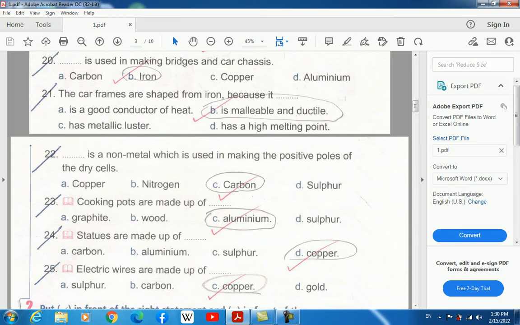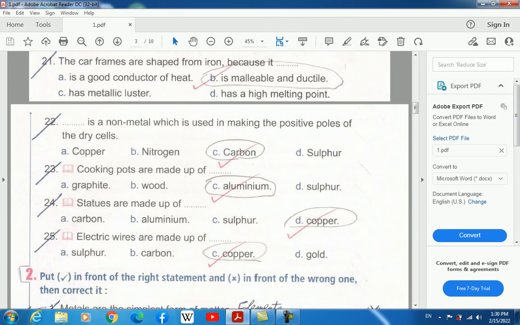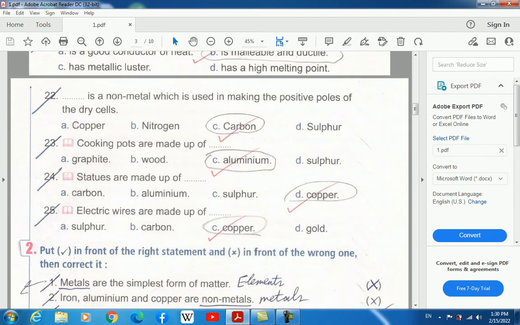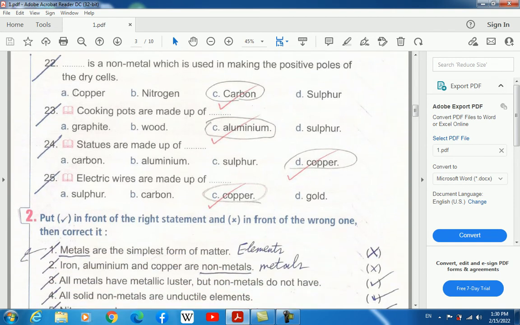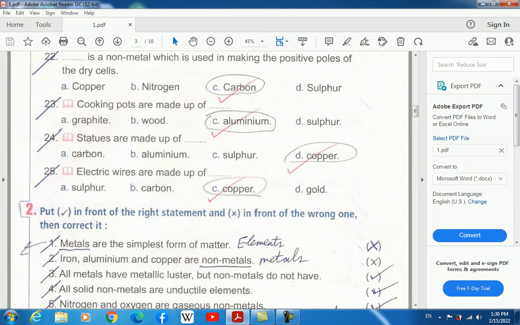Iron is used in making bridges and car chassis. 21. The car frames are shaped from iron because it's malleable and ductile. 22. Carbon is a nonmetal which is used in making the positive poles of the dry cells.